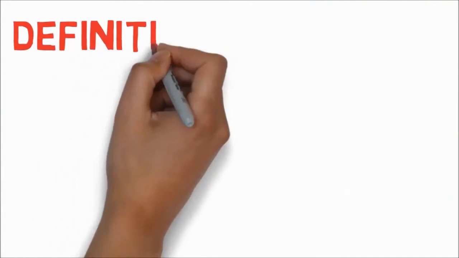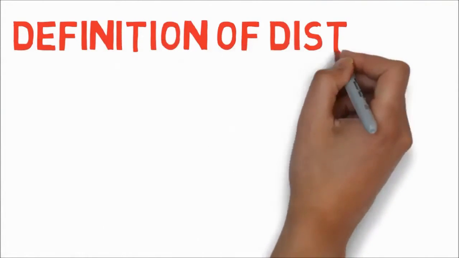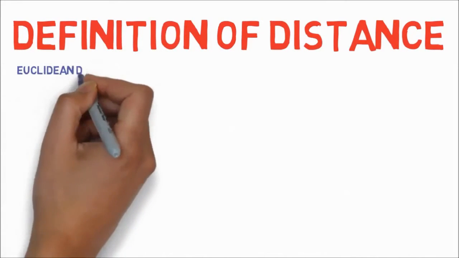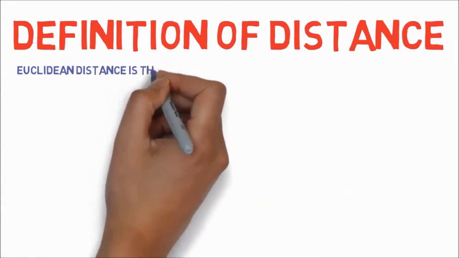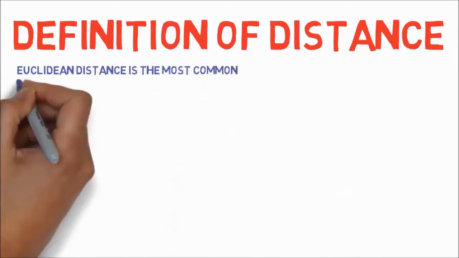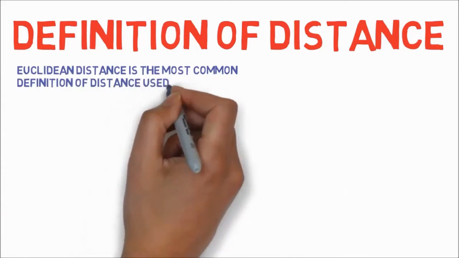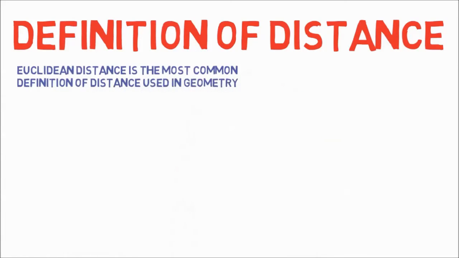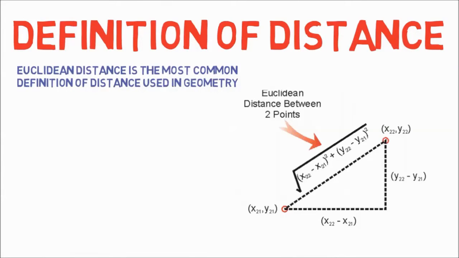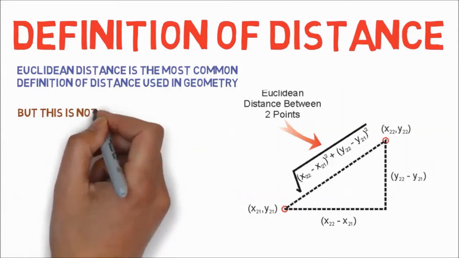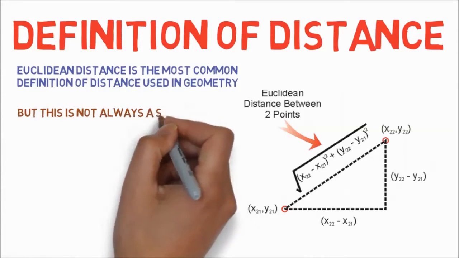Now, another important decision to make is the definition of distance. Euclidean distance is a simple and common way of computing distance in geometry. In 2 and 3 dimensional spaces, this is the physical distance between the 2 points, and the formula can be easily extended to n dimensions.